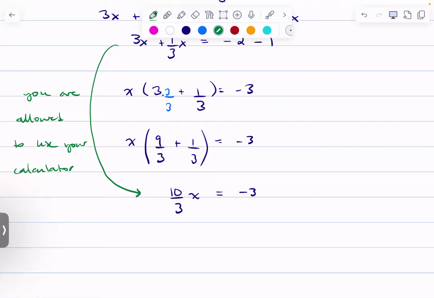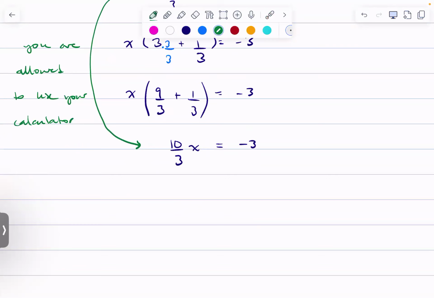You can practice your fractions and then check with your calculator. Right? That's nice. So now, solving for x, I have to multiply both sides by 3 and then divide by 10, right? Which is really just dividing by 10 over 3, right? But you can do it incrementally if you want to.